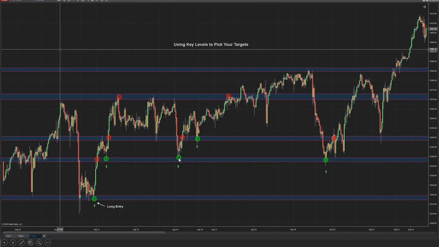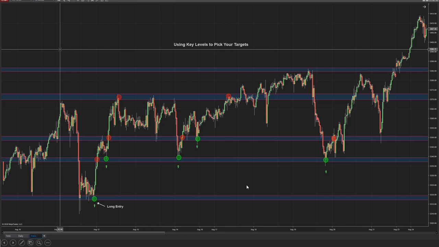I would enter long with, say, 3 contracts or 3 shares or whatever you trade, take off 1 contract here or 2 contracts or whatever, and then hold my other ones until I got up here, most likely. So it really just depends, but when you use multiple contracts, it's helpful in that regard, because if you had taken off your full position right here, well, heck, that thing went way, way further.